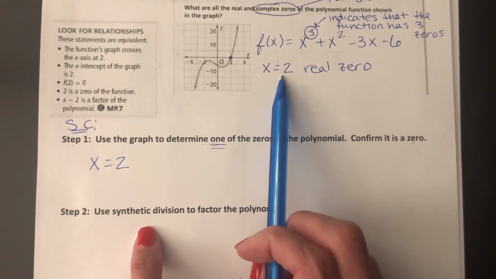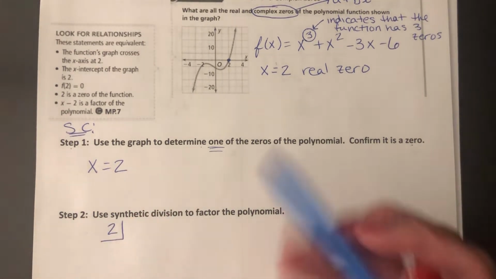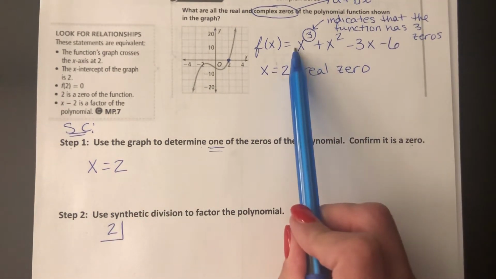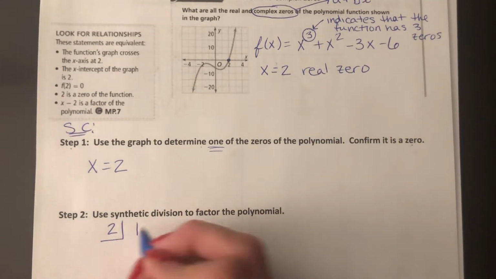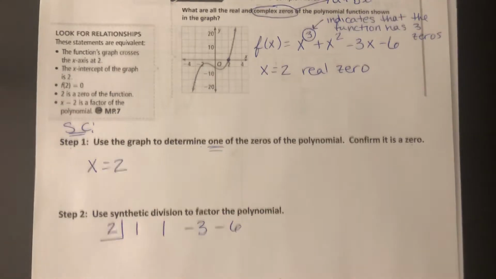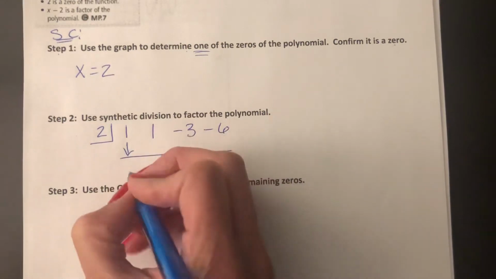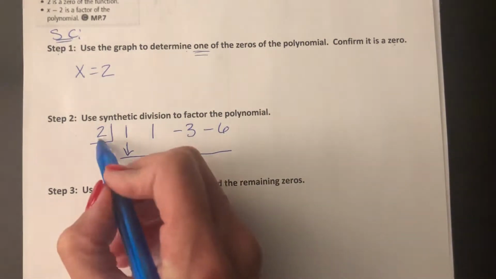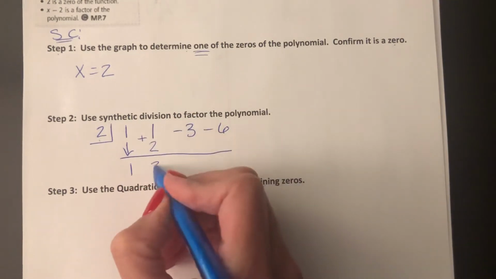We're going to use our 2 here for our divisor, and then our coefficients are 1, 1, -3, -6. And then we'll start our process of synthetic division. Start by bringing down the 1, multiply 2 times 1 is 2, add 1 plus 2 is 3.